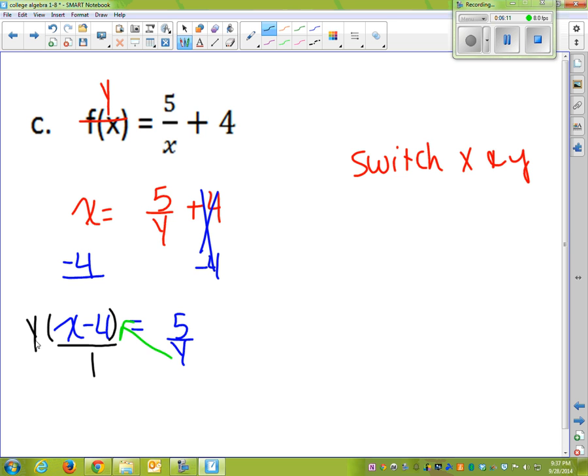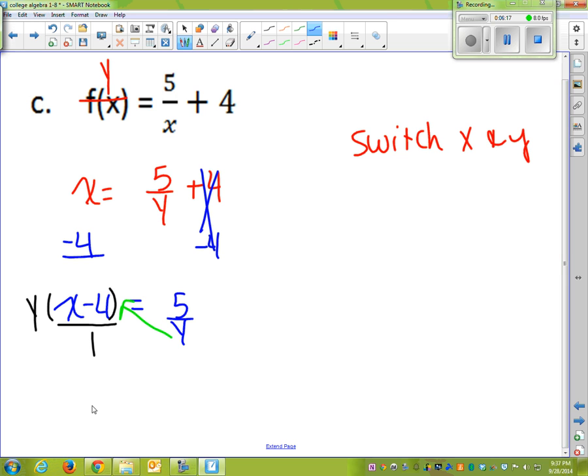So I have y times (x minus 4). If you had had any other number below, you would have brought that up and multiplied it with the 5. But as it stands, it's just equal to 5.